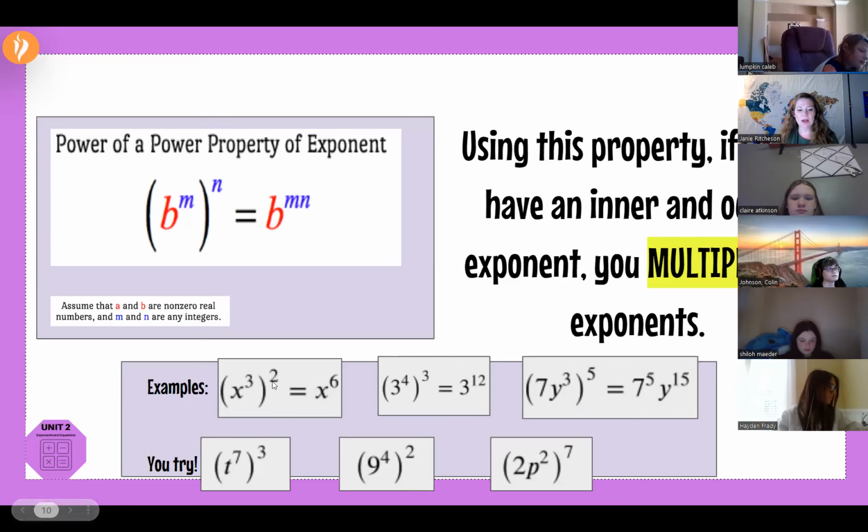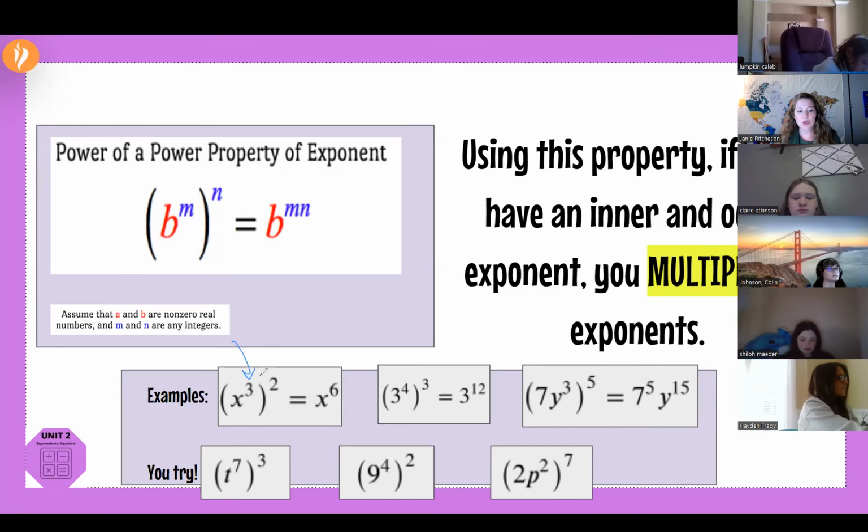So basically what does that mean? It just means you have an exponent raised to an exponent. That's all it means. So right here at this first example, if we have x to the third squared, that just means x to the third times x to the third, right? Well, that's just two numbers that have the same base being multiplied. And the rule when we multiply them is to add those exponents, right? So 3 plus 3, the quotient rule, I'll go back to that one.